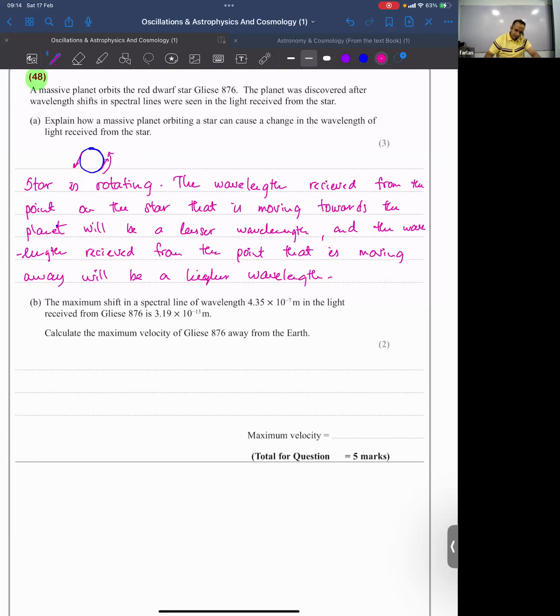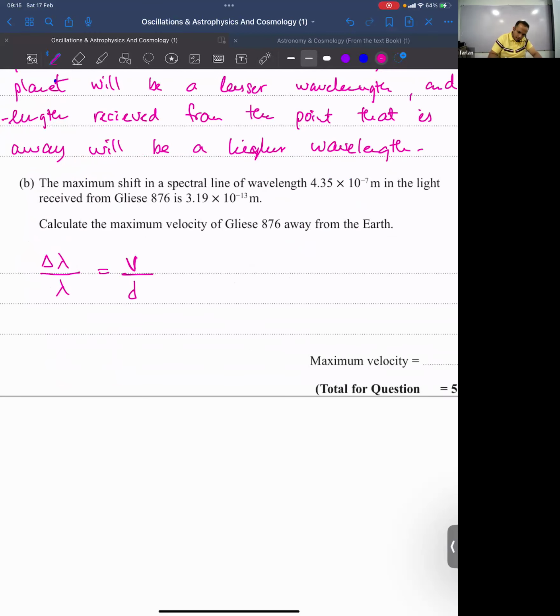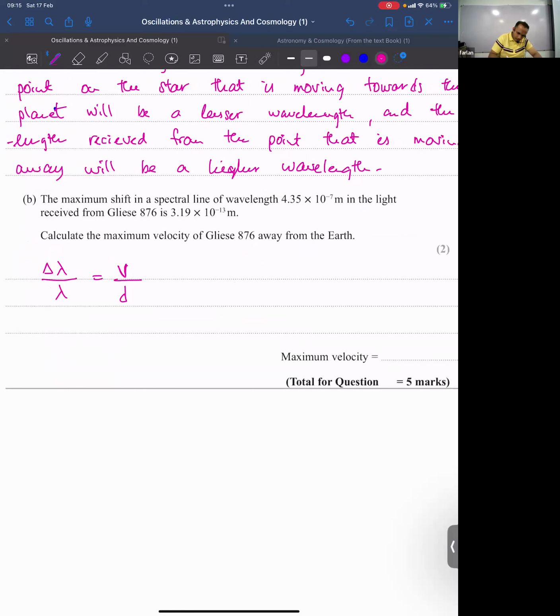So, guys, delta lambda over lambda is equal to v over c. So the delta lambda is given.